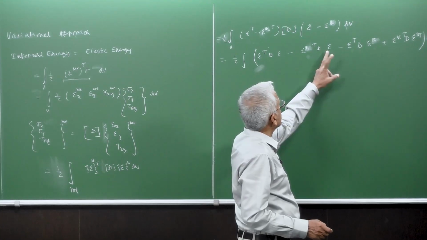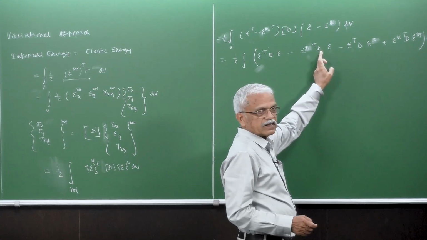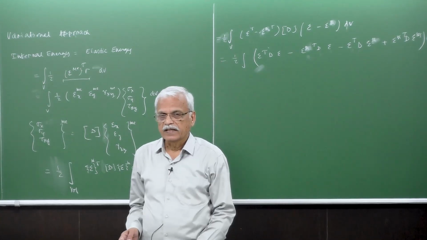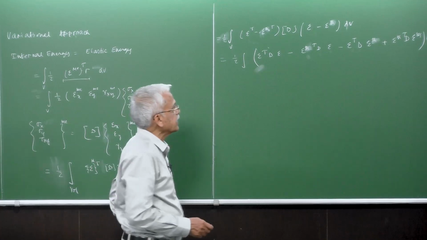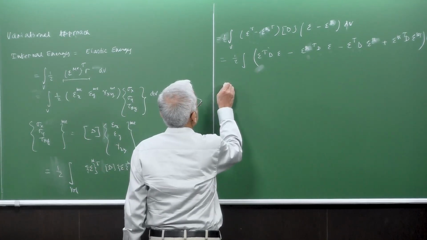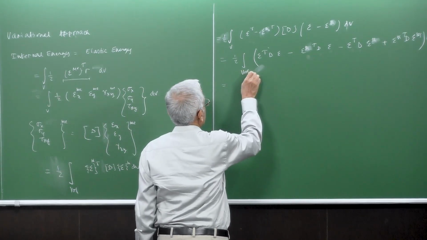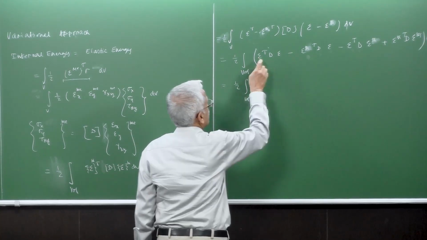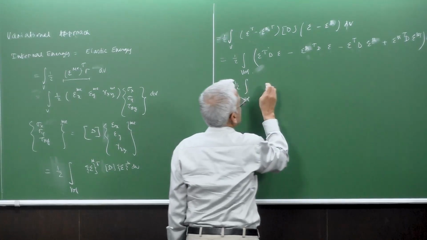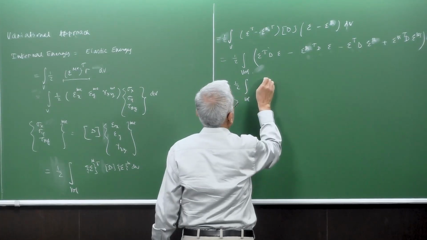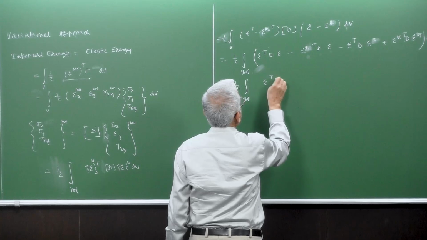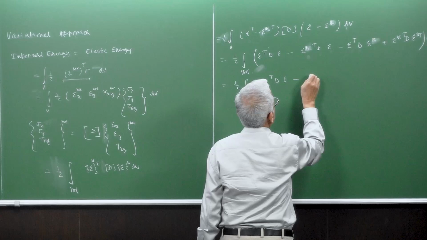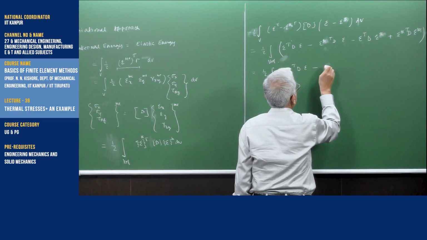Even if you interchange these two, if you take the product of the three, the value will be the same. So these two will be the same, and we can combine them.